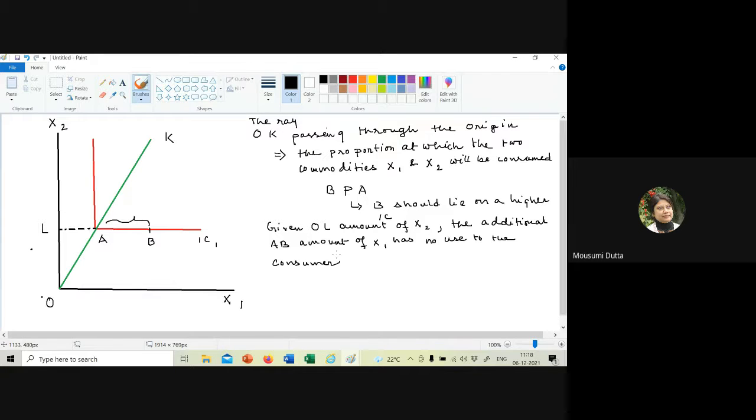It has no use to the consumer. More sugar in a sugar bowl has no use. More refills, if my number of pens is 1 or 2, are of no use.